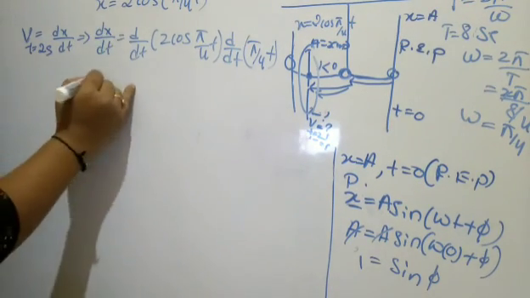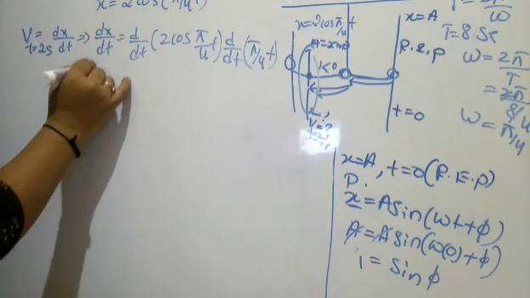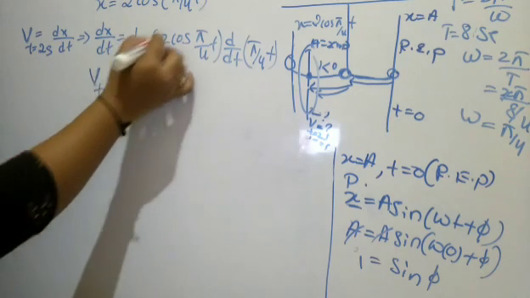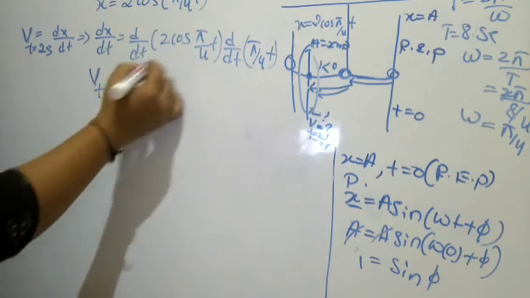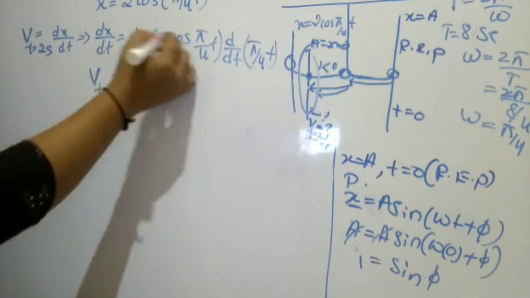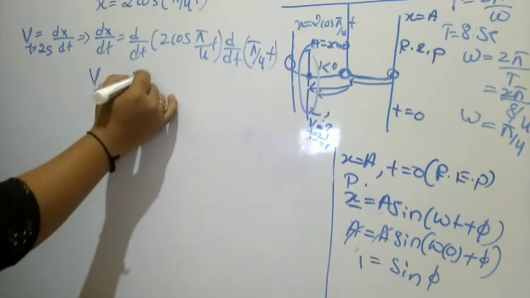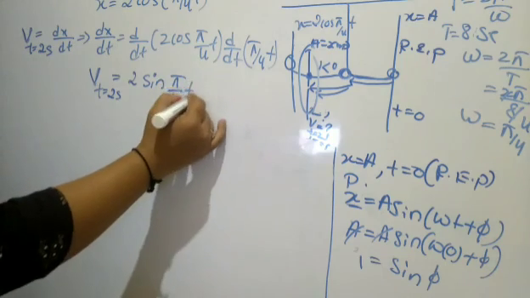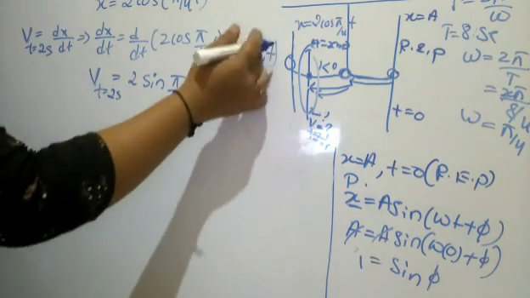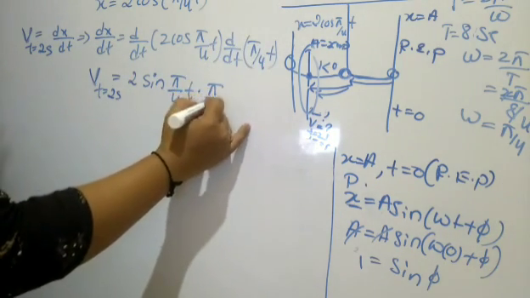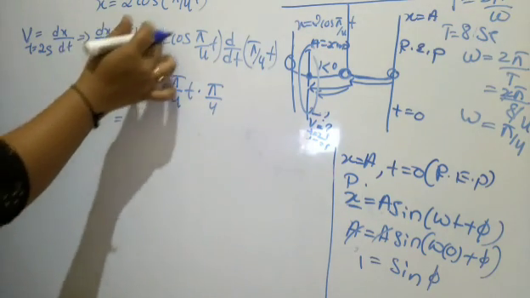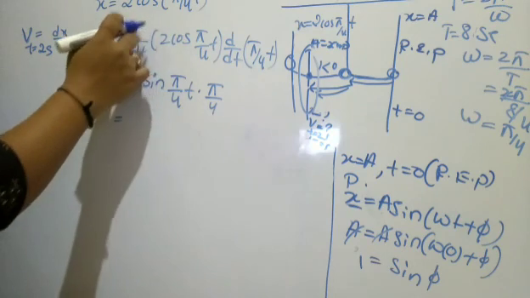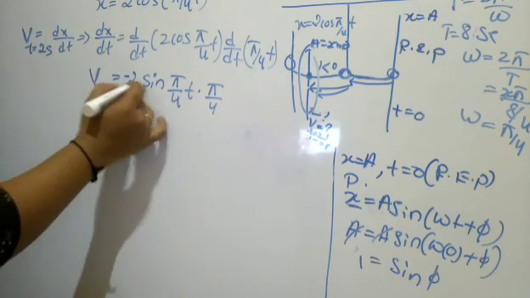So we'll cross check here. V is equal to what? T is equal to 2 seconds. So that is 2 times d by dt of cos, the 2 comes out. d by dt of cos is sine pi by 4 t into d by dt of pi by 4 t, but d by dt of cos becomes negative here.